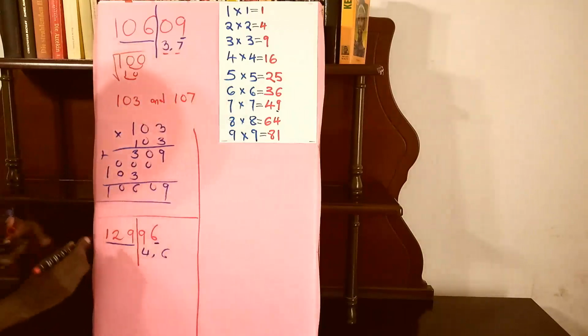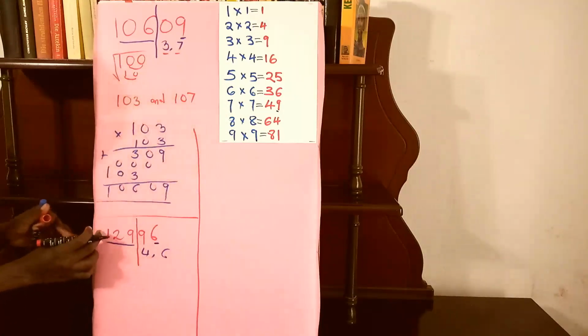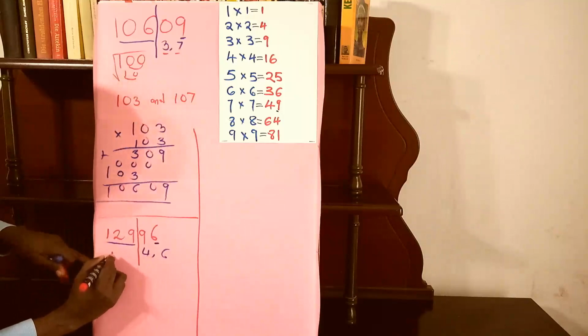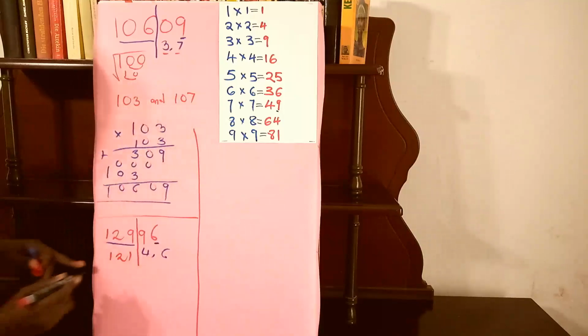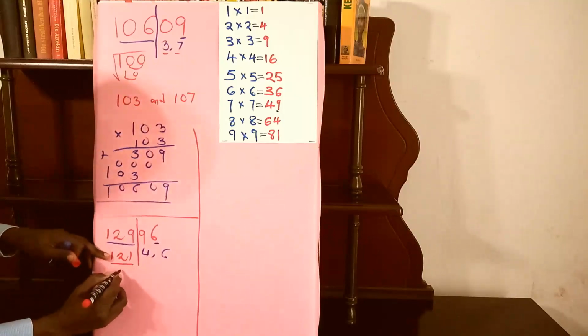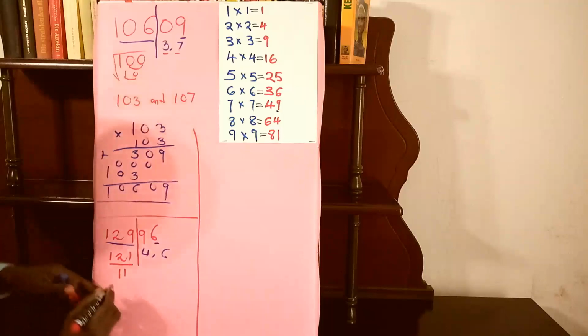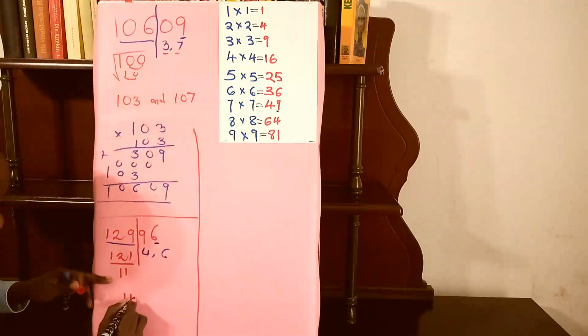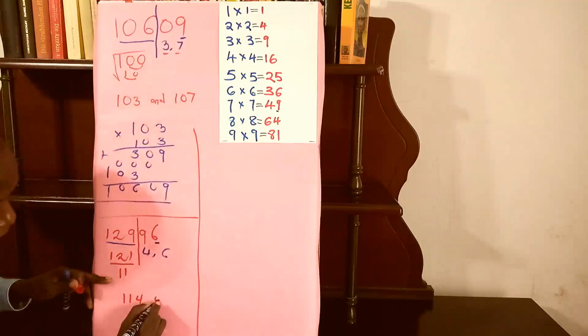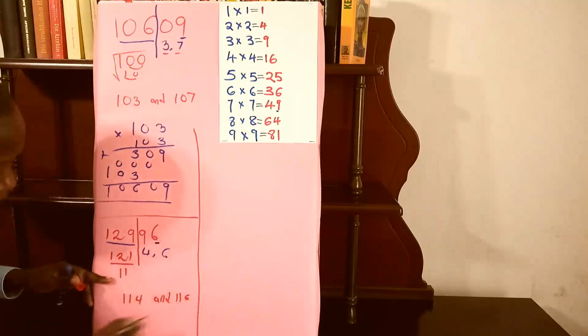So without wasting time, the nearest perfect square before 129 is 121. And the square root of 121 is 11. Therefore, we have 11 and 4, and 11 and 6.